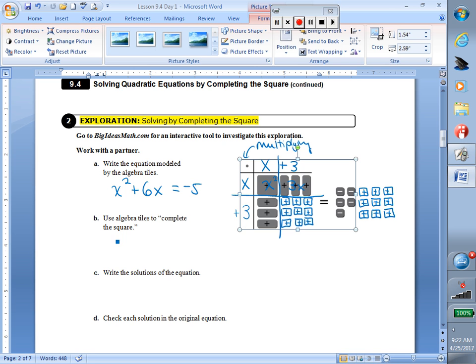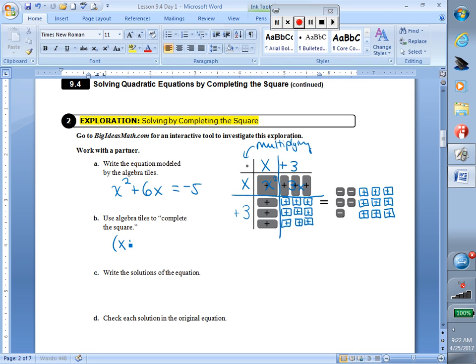So what we are multiplying together is x plus 3 times x plus 3, and that will equal, we have negative 5 plus 9 on the right side, which will give us 4. So in order to make a square, we had to add 9 tiles to each side.